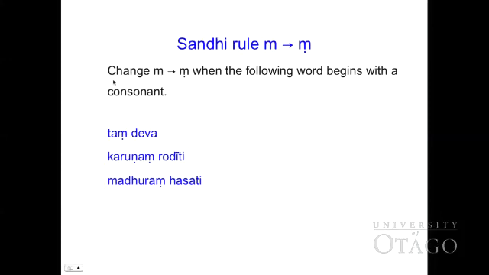Change M to M dot when the following word begins with a consonant, such as Tam Deva, Karunam Loditi, Maturam Hasati. So it means if the following word begins with any consonant, we have to change M to M dot. Like this example.